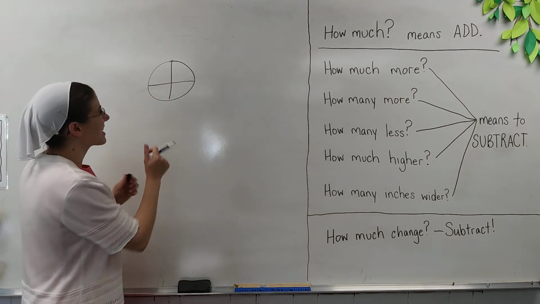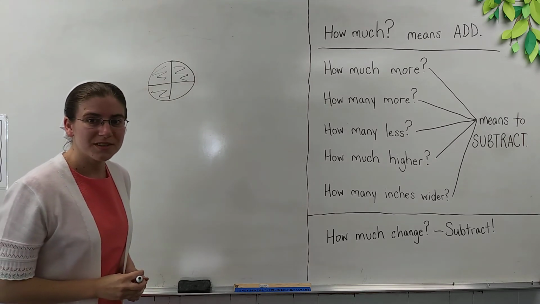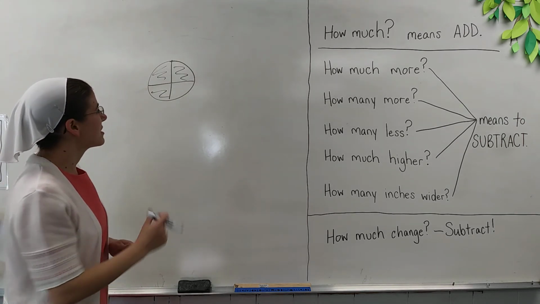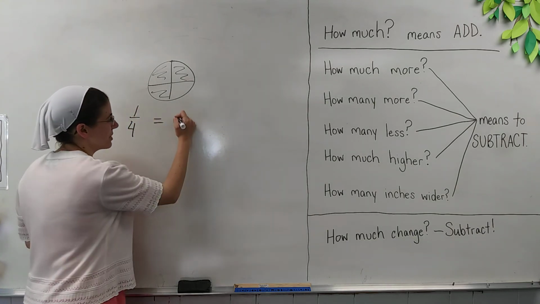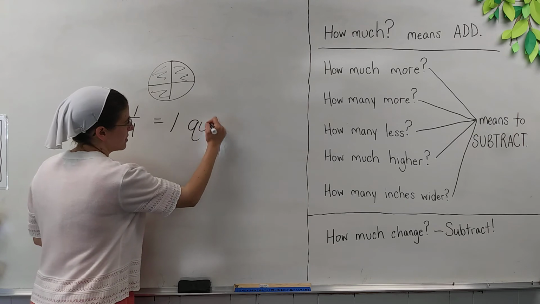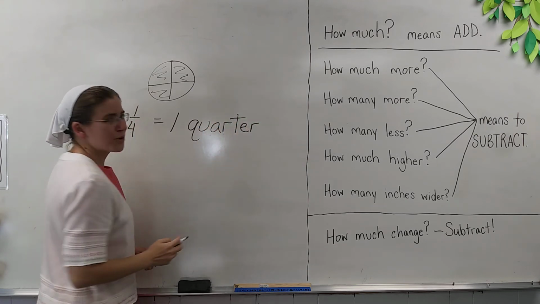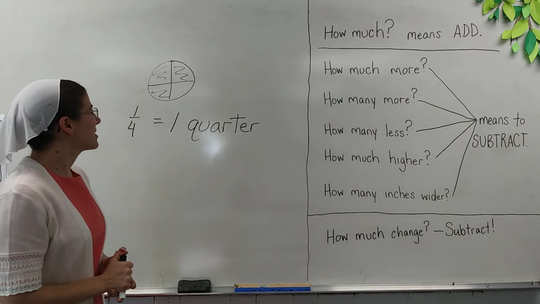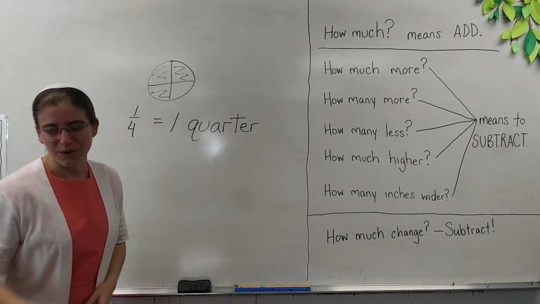Okay, so I can have 3/4 of my circle colored. Okay, remember that word quarter? Like there's 4 quarters in a dollar. So this could be 3/4 of the circle.